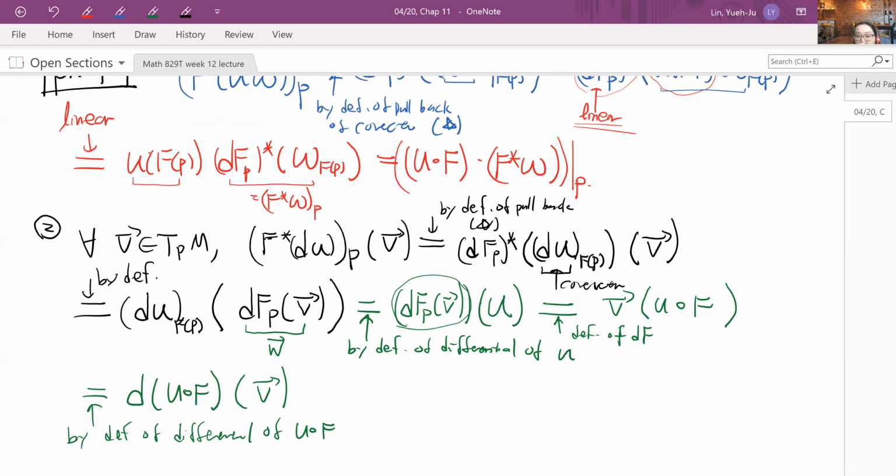So you need to be very familiar with the definitions here. I'm doing the same thing as the textbook, which does this very thoroughly, step by step, so you can compare with the book when you review. Okay, any questions so far?